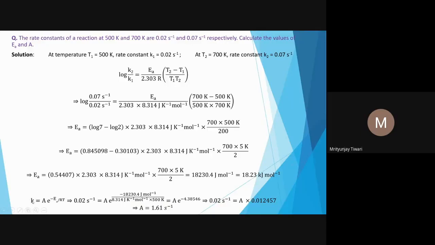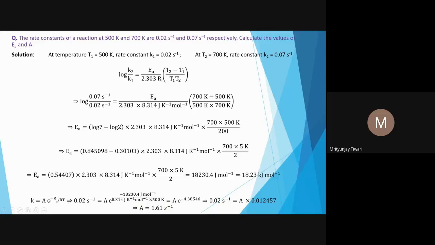So what we know, Arrhenius equation, K is equal to A e to the power minus Ea by RT. This is the Arrhenius equation, and the value of K one can write at any given temperature, at 500 Kelvin 0.02, or at 700 Kelvin 0.07. With any values we can obtain the same result. And what I have taken is the values at 500 Kelvin.